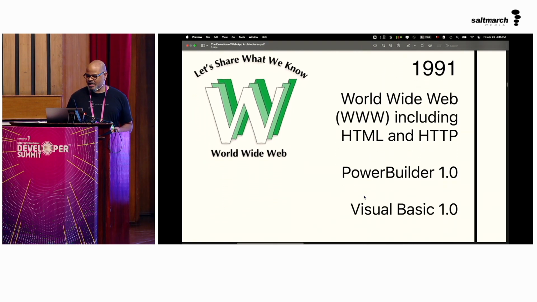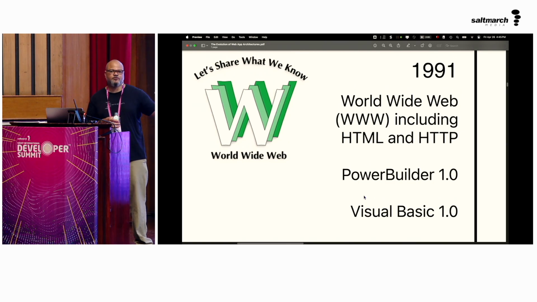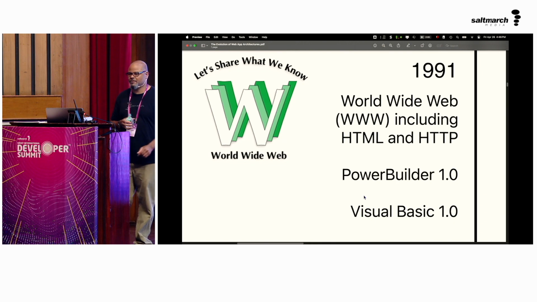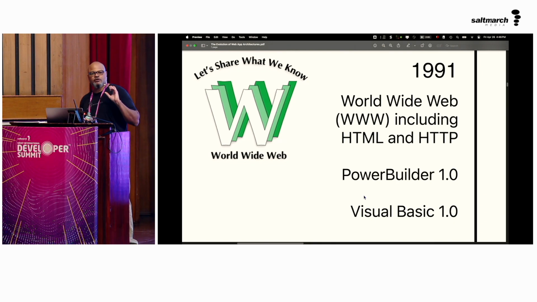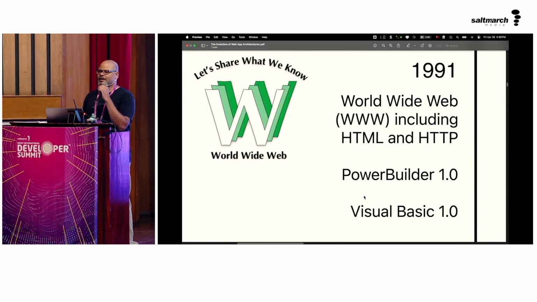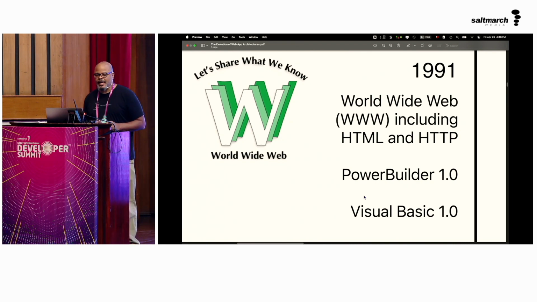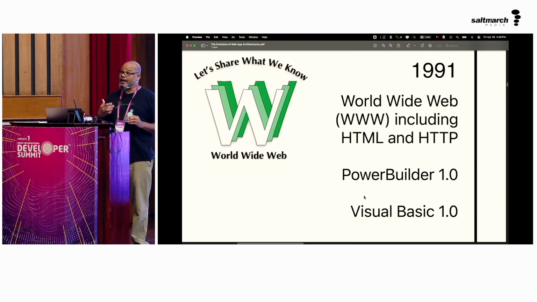So around that same time, 91, we had a couple other important things. We had Power Builder and Visual Basic. Anyone heard of these before? All right, so a couple of you. So these were what we called rapid application development tools back in the day. And what these would let you do is very quickly build applications that ran on Windows, okay? And one of the key innovations that they provided was having UI components.